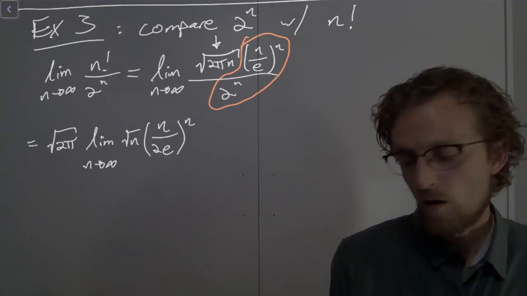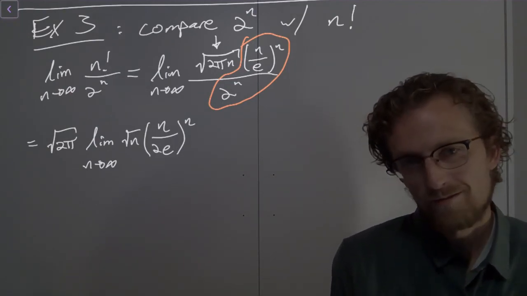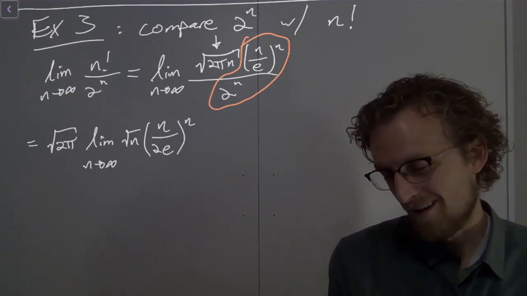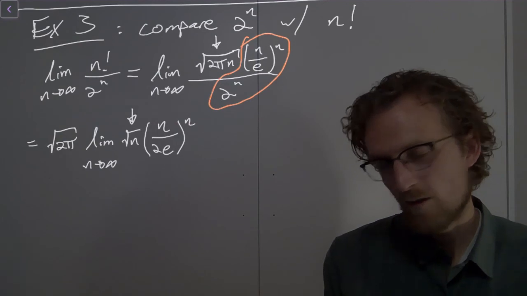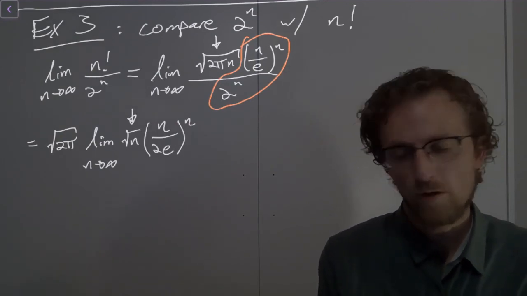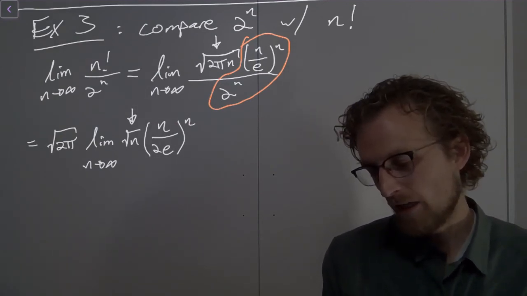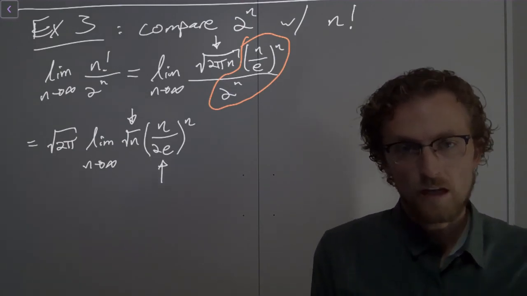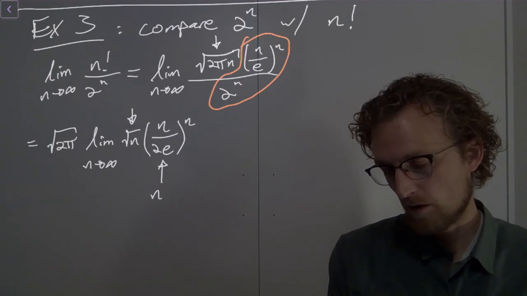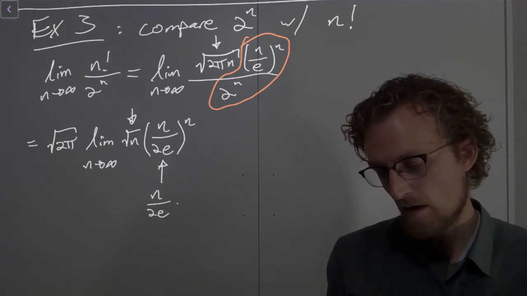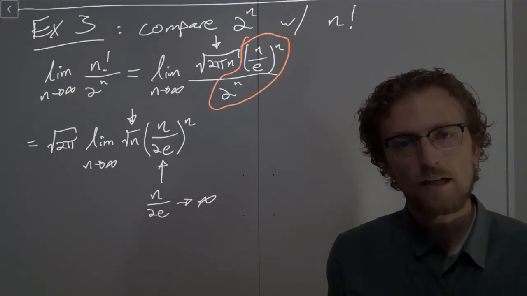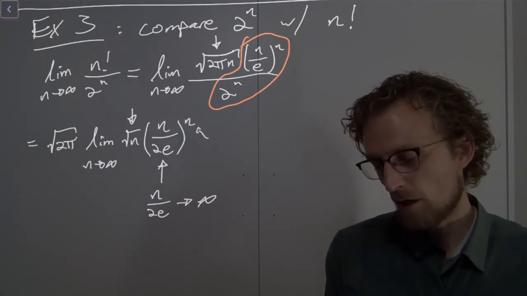Okay. So what do we have here? What are we looking at? Well, we're looking at n square root, right, which goes off to infinity. And we're looking at something in here, in the parentheses, something that goes off to infinity, right? So certainly n over 2e, that goes to infinity. And then we're raising this thing that goes to infinity to the nth power.